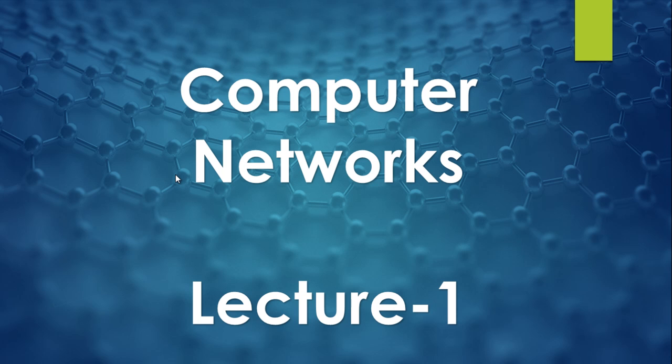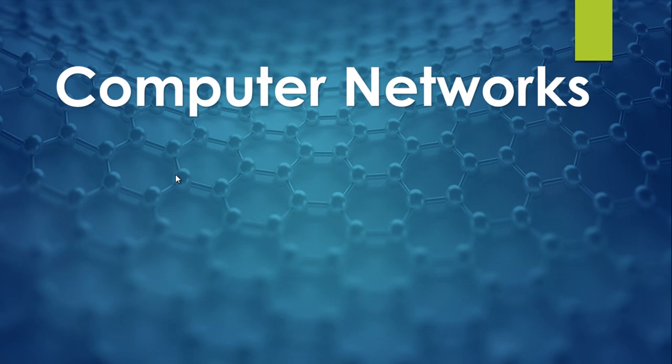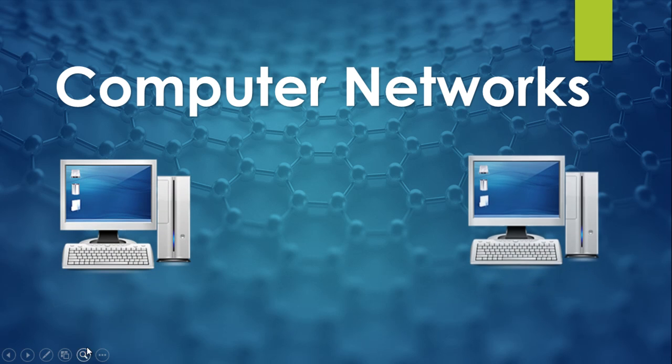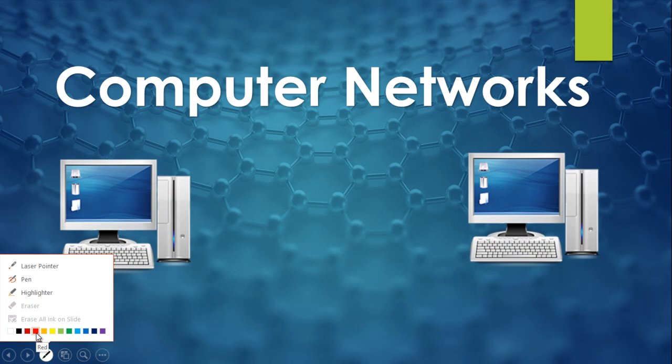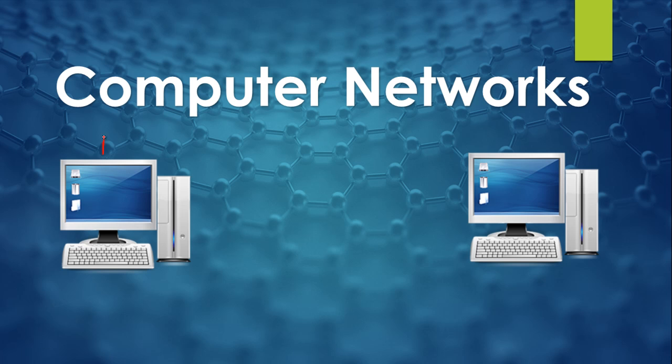Before initiating this topic, we have to first understand what a computer network basically is. Suppose we have two computers with us, and we name them computer A and computer B. Suppose system A contains some data and system B also contains some data.